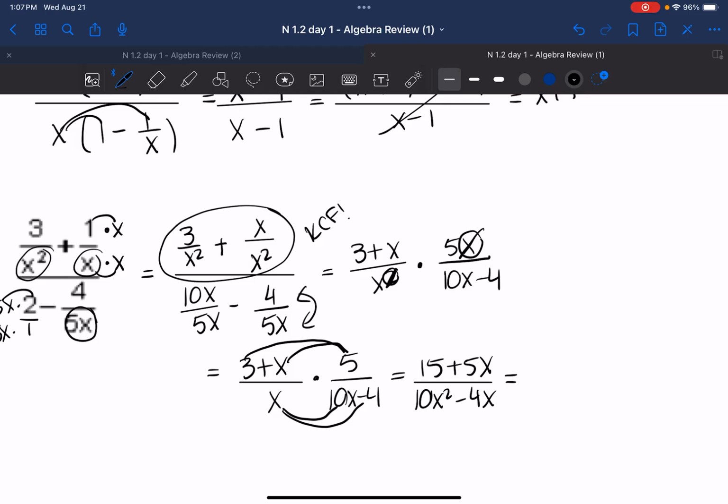So in the top, my GCF would be 5, which would leave me with 3 plus x. In the denominator, my GCF would be 2x, which would leave me with 5x minus 2. But I am still unable to divide anything else out or simplify any further. So these two answers are equivalent and either one would work.